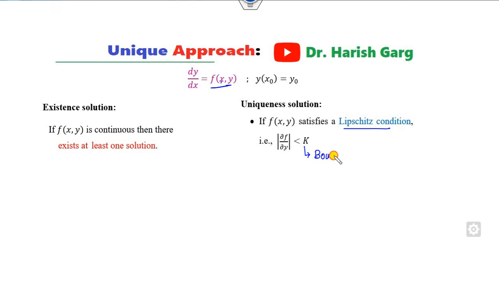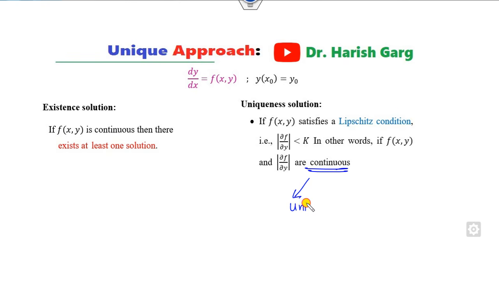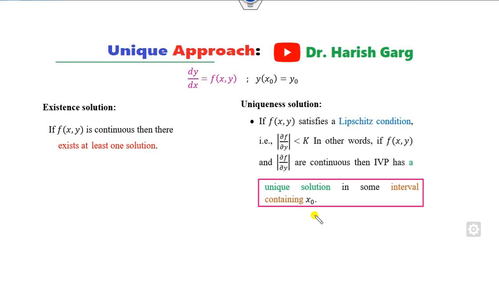If you prove that the partial derivative of f with respect to y is bounded, it means f satisfies the Lipschitz condition. Or you can say the function f and the partial derivative of f both are continuous functions. If you prove that both are continuous, then there exists a unique solution.